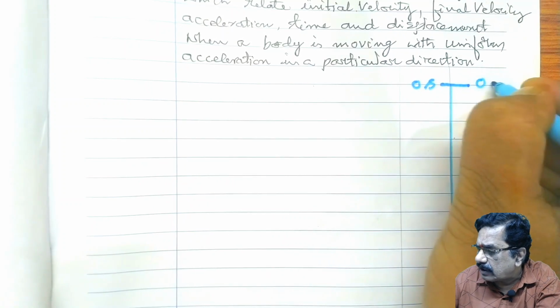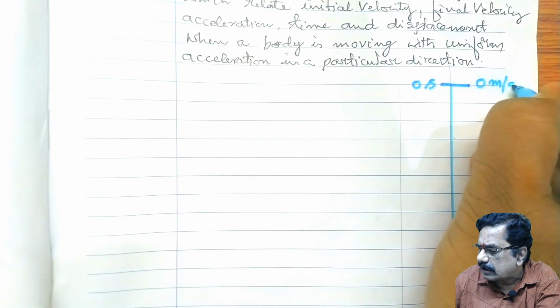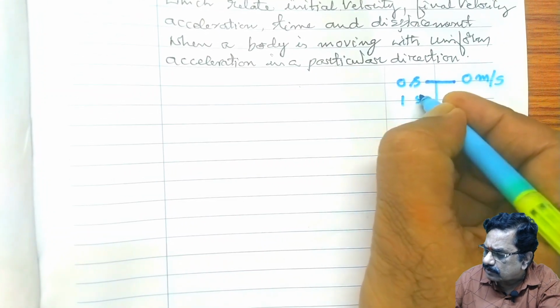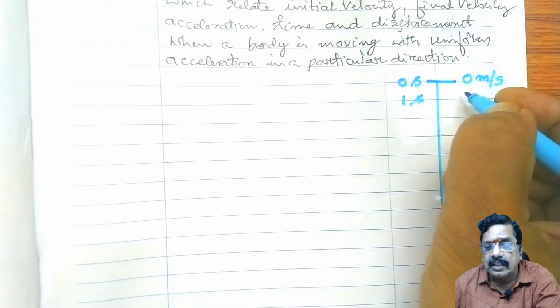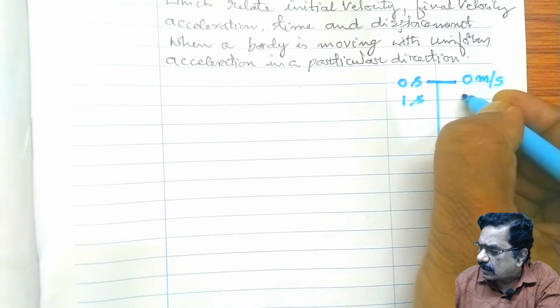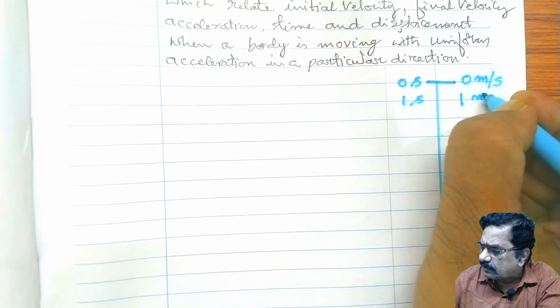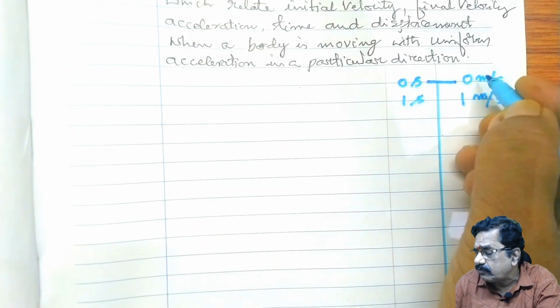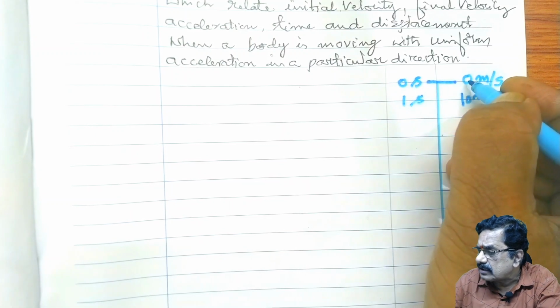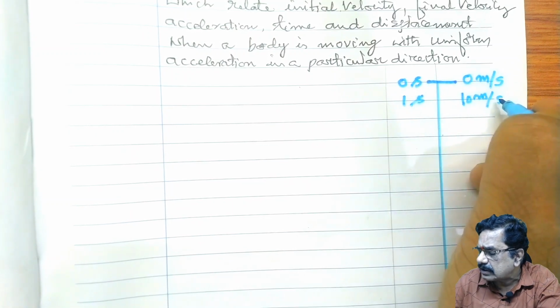It will start with a velocity 0 meter per second. Then let us say that after 1 second it has fallen down. Whenever it is freely falling, you know very well its velocity increases. Observe carefully, the velocity has increased by 10 meter per second.